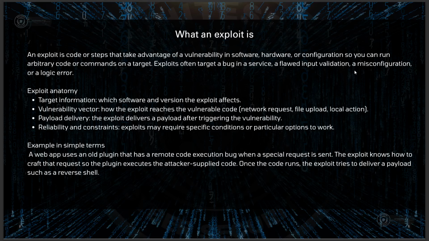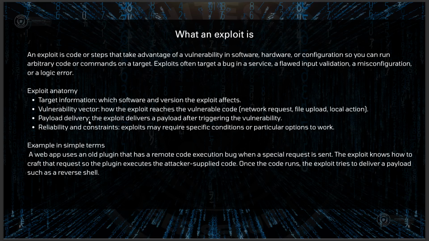Now what are you going to do? You're going to do some research and find the exploit for it, and by using that exploit, you exploit that outdated version, right? First of all, you need to know the version of that software. Now see, vulnerability vector: how the exploit reaches the vulnerable code, through a network request, file upload, or local actions.